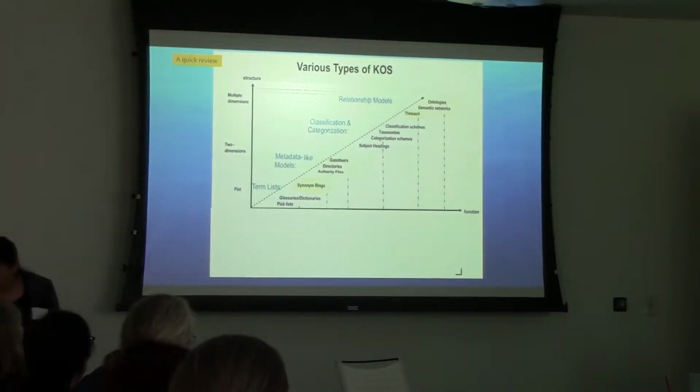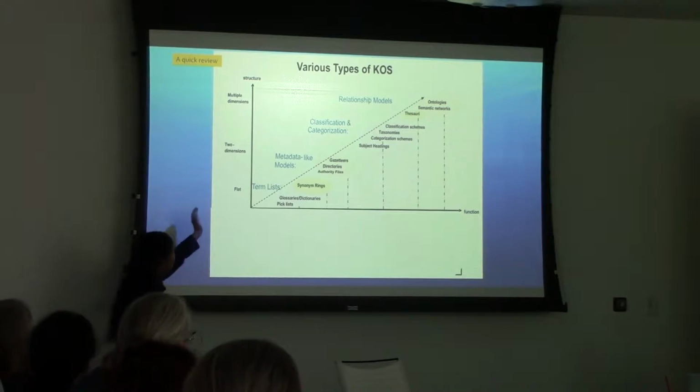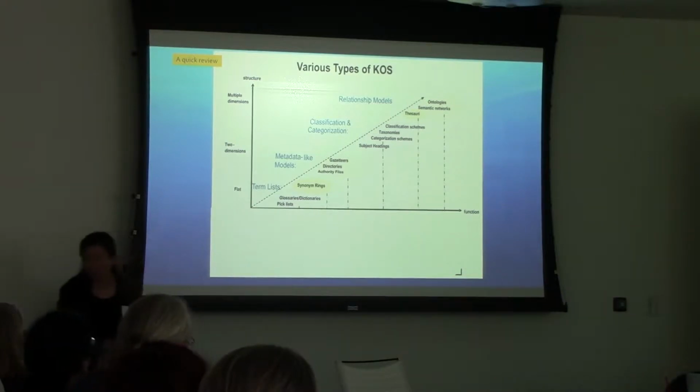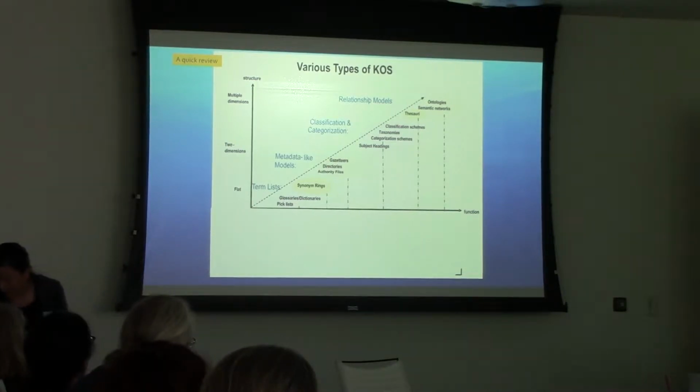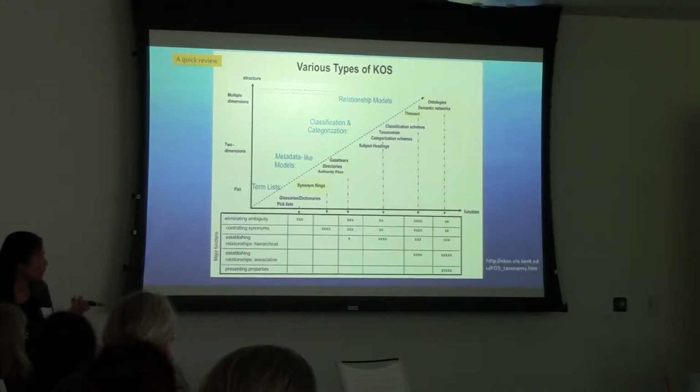So when Jonathan was talking about different types of KOS, we already saw the different structures, from flat ones all the way to classification, thesauri, and ontology. In fact, there are relationships between them, and each has some purpose and function, why I want it this way or that way.